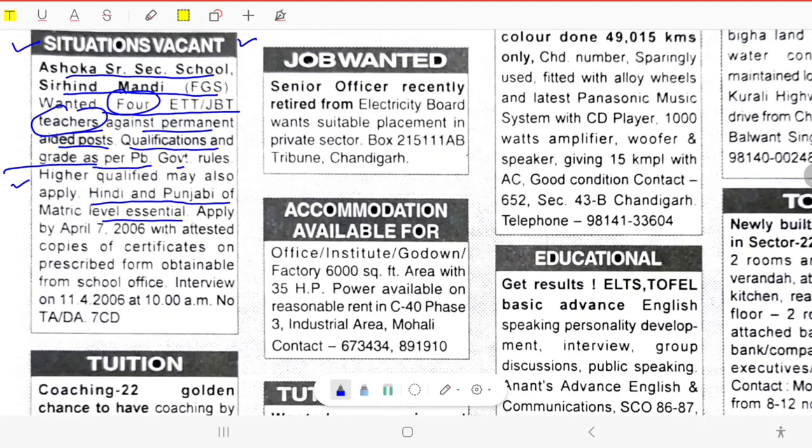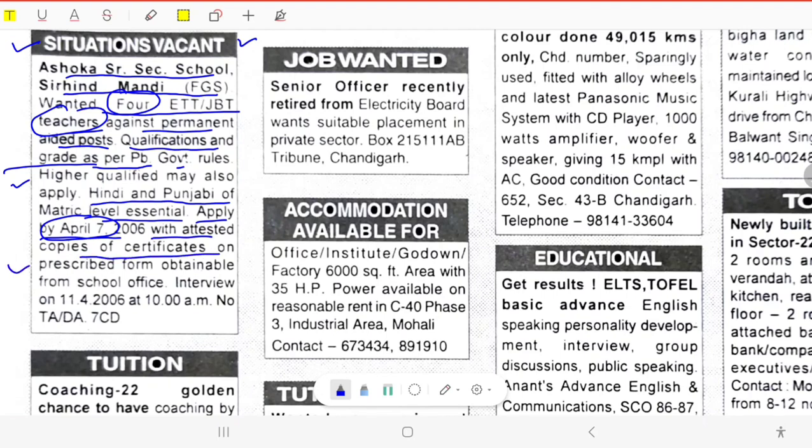When to apply? Apply by this date. It can be written as apply within 7 days, within 10 days, or you can specify the date by which the person has to apply. How? With attested copies of certificates.